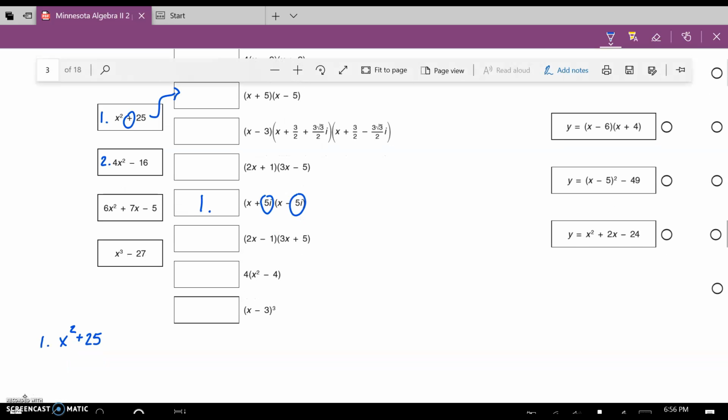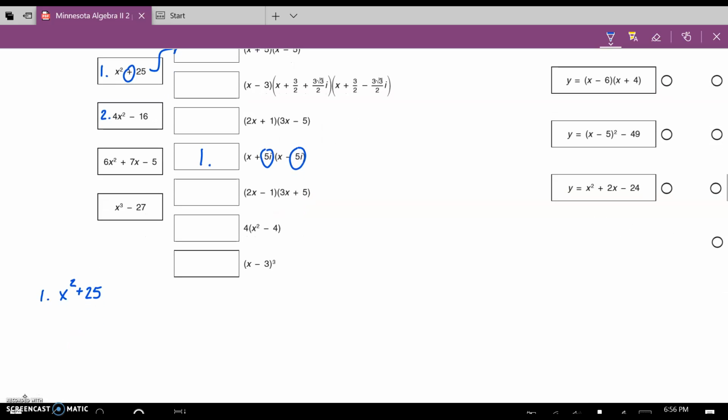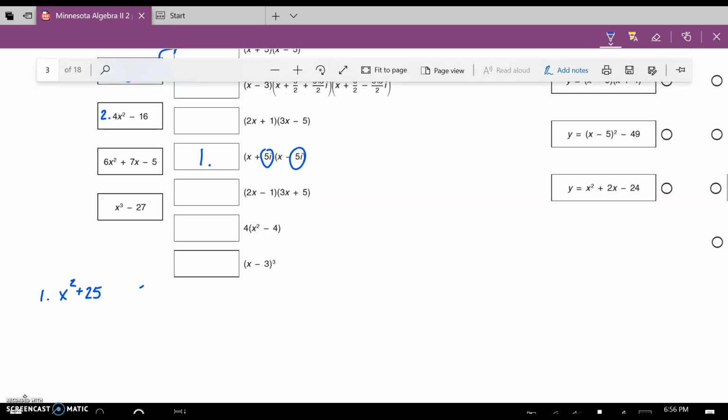Okay, then we have number 2. And when we factor number 2, the first thing you'll notice is that there is a greatest common factor. And that greatest common factor is 4. Then we can also do difference of squares.